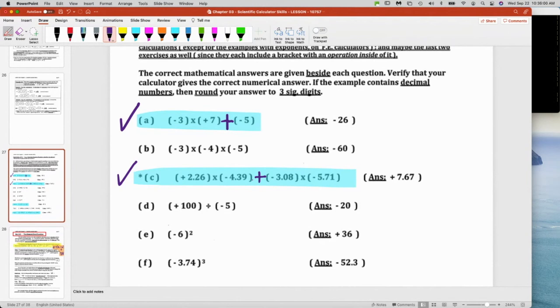Negative 26, that's a good answer. Very nice, Norris. So if anybody is having issue here, it could be possibly how you enter in the negative number. Some calculators are really easy because they have a negative number on the screen somewhere, but some calculators have a button that's called plus minus.